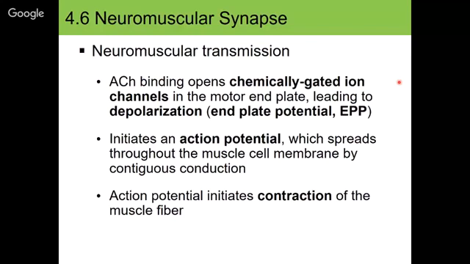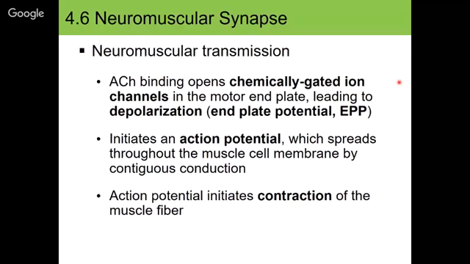So just to note that the EPP, the end plate potential, brings about a graded potential, okay? This is because the motor end plate region itself does not have a threshold potential, okay? So the action potential cannot happen in the motor end plate itself.